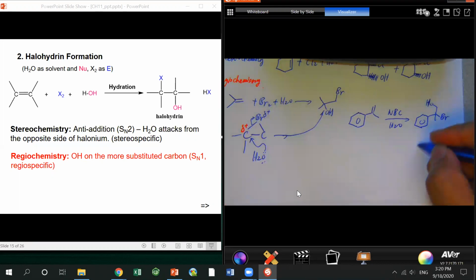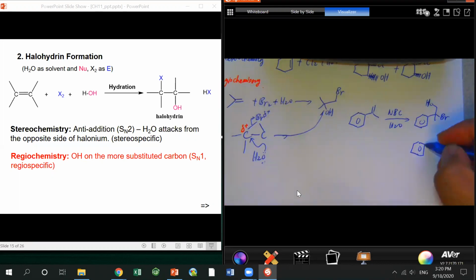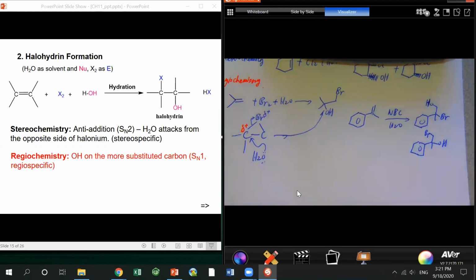Because this is an unsymmetrical alkene, you have to determine which of these two carbons picks up the bromine and which picks up the OH group. We can figure that out by NMR next week, but after you learn this reaction, it's easy to figure out.